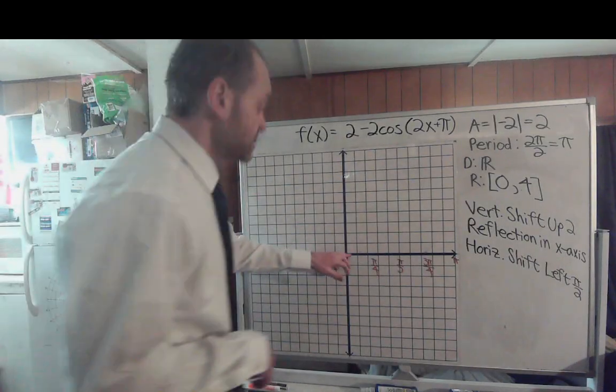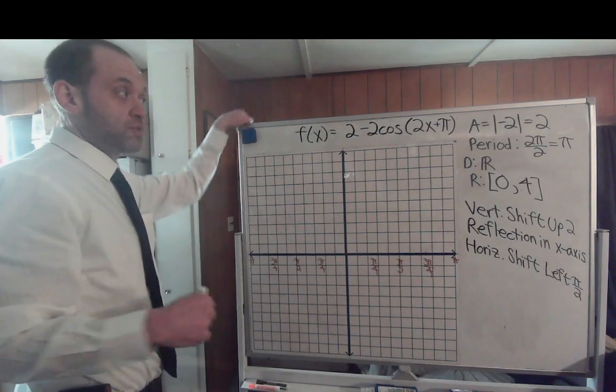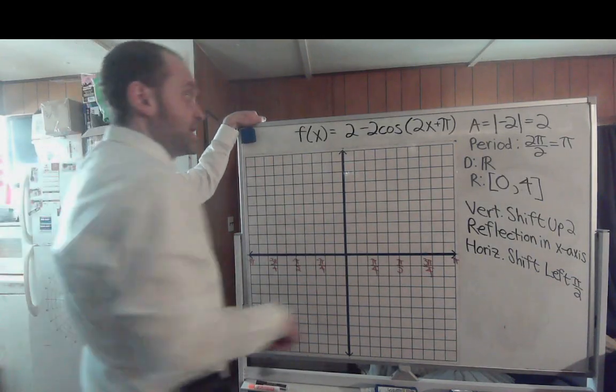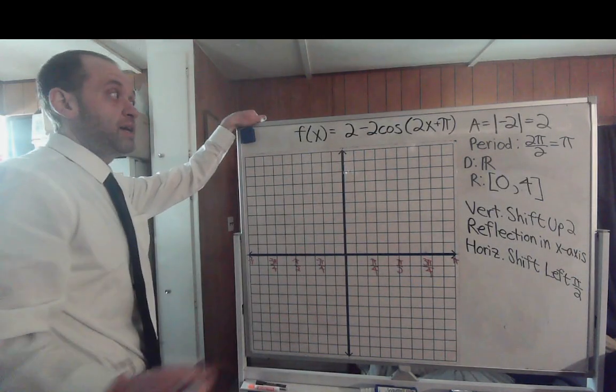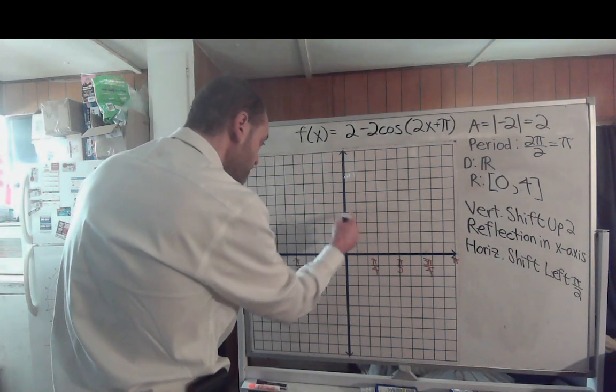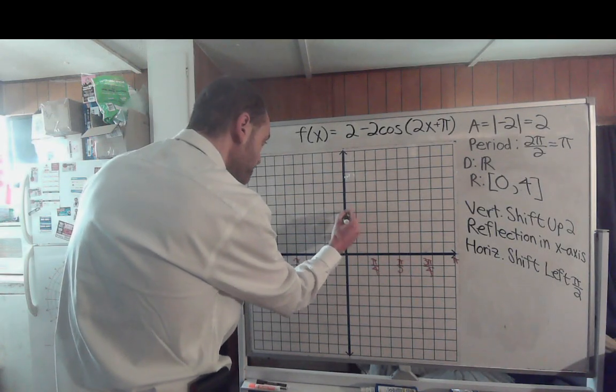What better place to start than 0? If we put in 0 for x, you get the cosine of pi, which is normally -1, but take that times -2, you get +2 plus 2 is 4. So see, 1, 2, 3, 4.